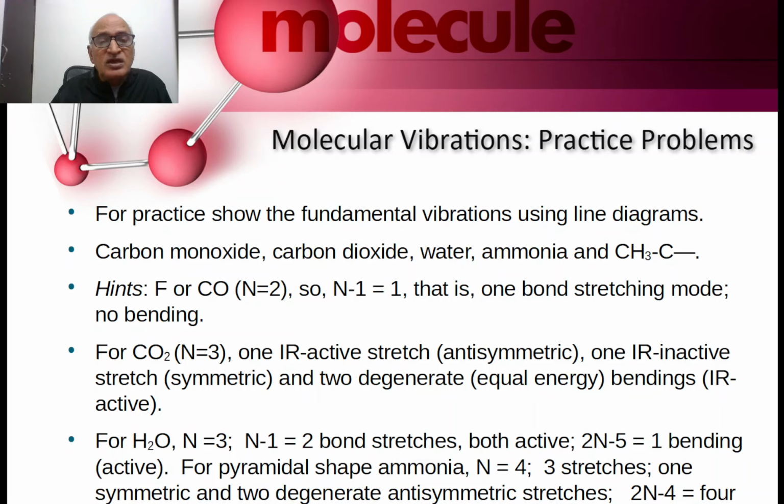The machine IR spectrometer will pick up only two frequencies, the antisymmetric stretching and the bending. But if we are to calculate zero point energy, then all four vibrations should be taken into account. The energies for all those vibrations should be added up.